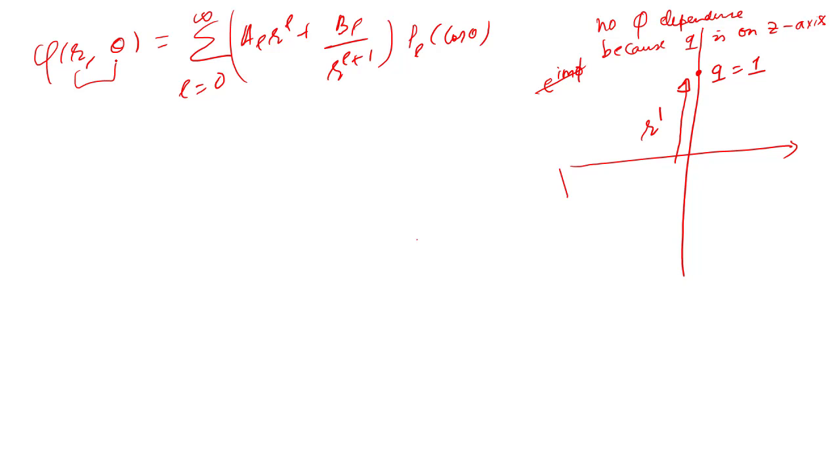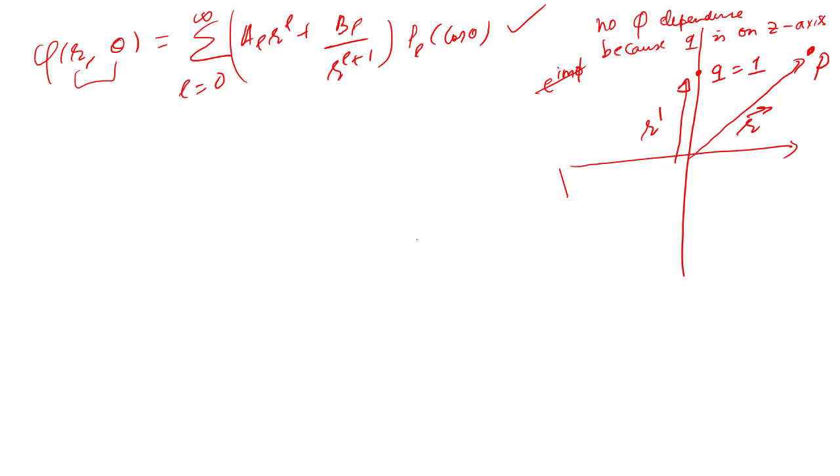So the charge is along the z-axis, but the point of interest, that is the point where we want to find out the potential, could be anywhere. For example, if this is P, this could be anywhere in three-dimensional space. So this is the general solution for any point in three-dimensional space, denoted by r theta, and it is independent of phi.